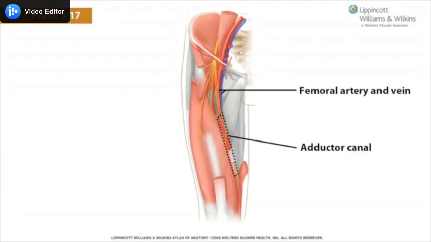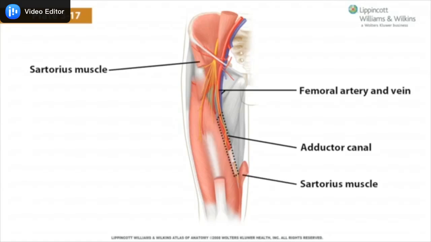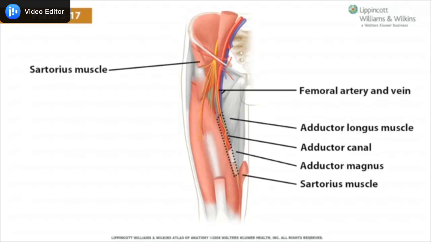The roof of the adductor canal is the sartorius muscle, and the floor is formed by the adductor longus and adductor magnus muscles. Traveling through the adductor canal with the femoral vessels is a branch of the femoral nerve, the saphenous nerve. Unlike the femoral vessels, the saphenous nerve does not pass through the adductor hiatus at the distal end of the canal.